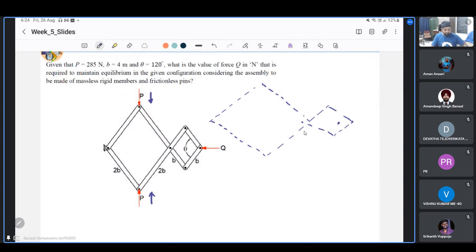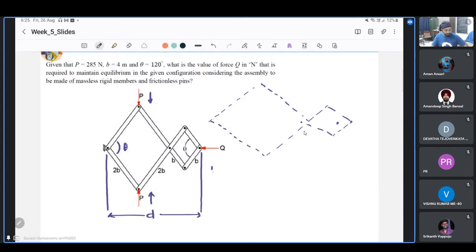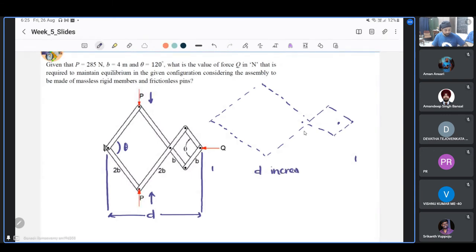So we can see that when we apply, let us say, this is also theta from the construction. Let us say we apply P such that theta decreases, in which case we can see that this distance, if we call this D, from the deformed configuration D would increase because of this deformation.